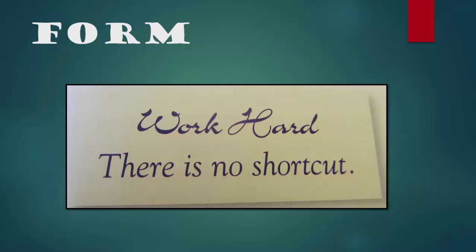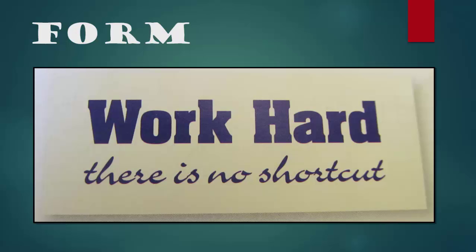If you look at this one, this comes from page 181 in your book. You've got "work hard, there is no shortcut," and both of these are italicized, which looks kind of ugly. What she would recommend is, instead of having two typefaces both being italicized, go with one of those being Roman, which is basically the normal version.